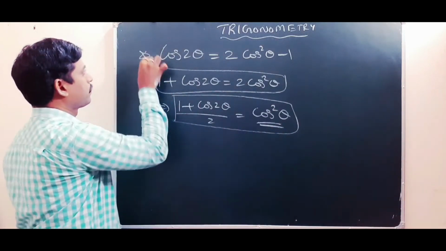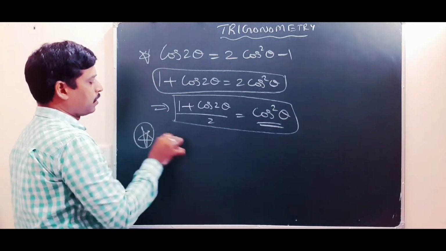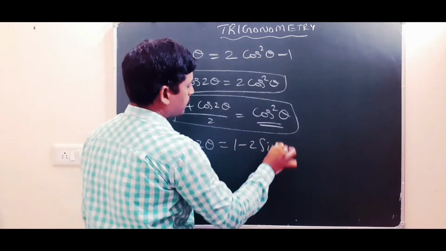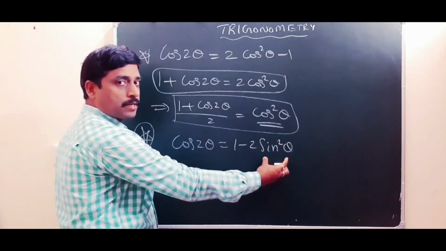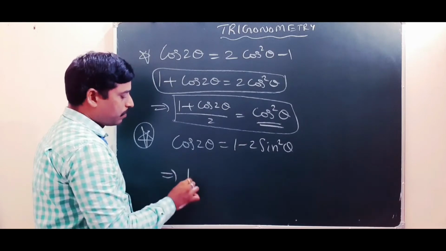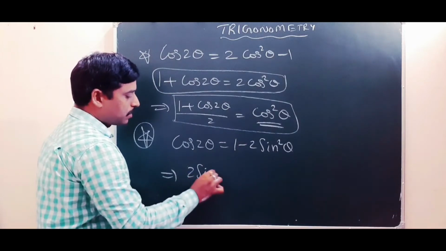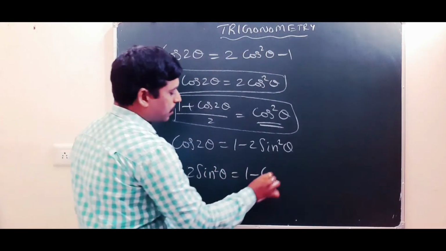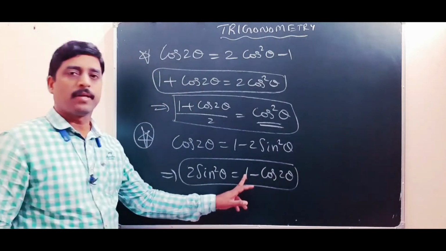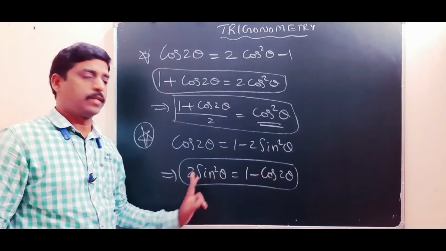Now explain cos 2 theta formula in terms of sine: 1 minus 2 sin square theta. This minus 2 sin square theta bring to the left side and the cos 2 theta bring to the right side. 2 sin square theta is equal to 1 minus cos 2 theta. This is most important. So 1 minus cos 2 theta formula is 2 sin square theta.